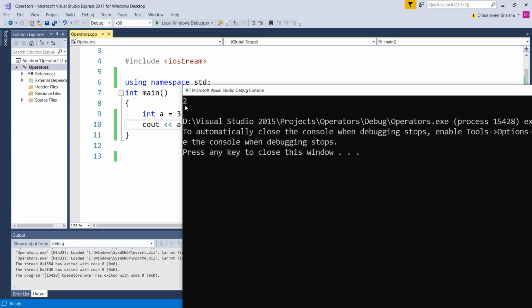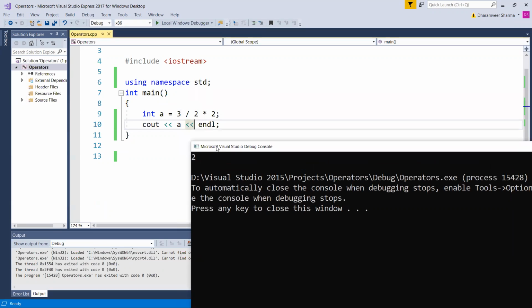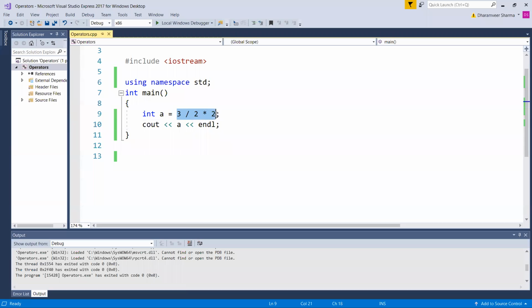Sir, 3 divided by 2 would be 1.5 but this is an integer data type, so instead of 1.5 it will take only 1, it will not consider after the point. This is 1, into 2 becomes 2. Okay, very good, Piyush, you are absolutely right. We need to consider the expression here. All the values are integer here.